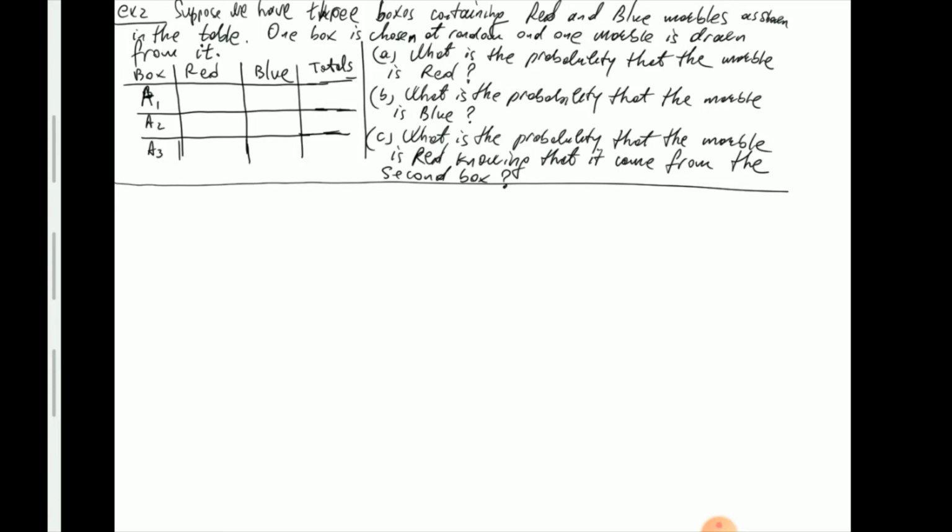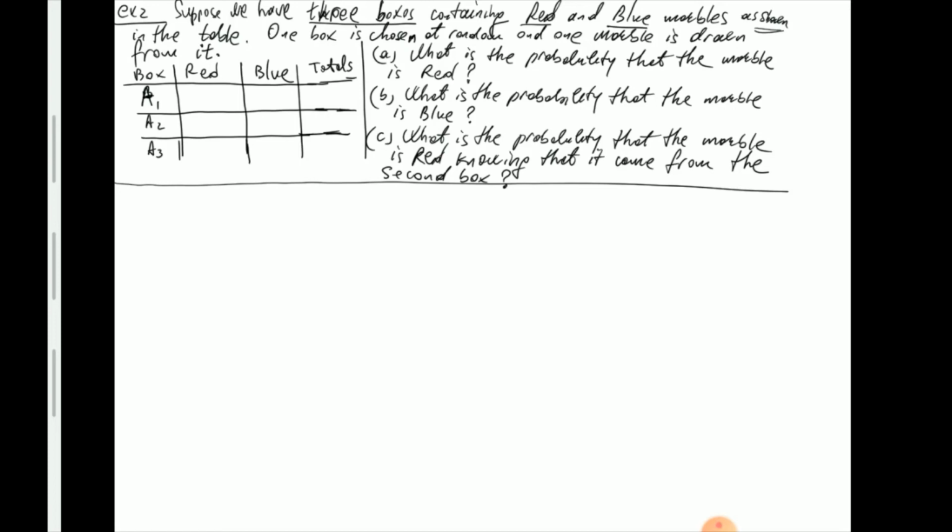So let's read the problem together, fill in the data in the table, and then we're going to solve it together. So suppose we have 3 boxes containing either red or blue marbles, as shown in the table below.